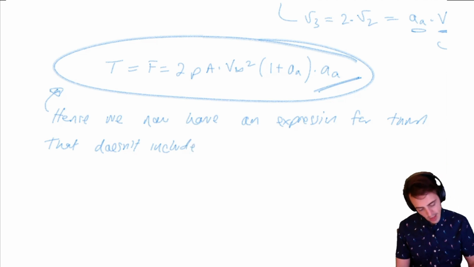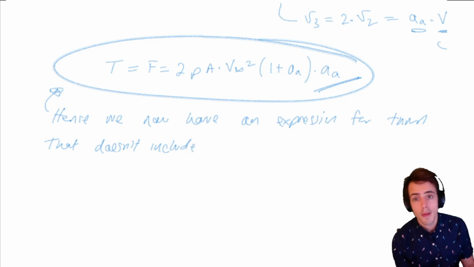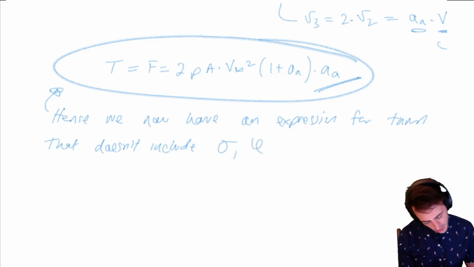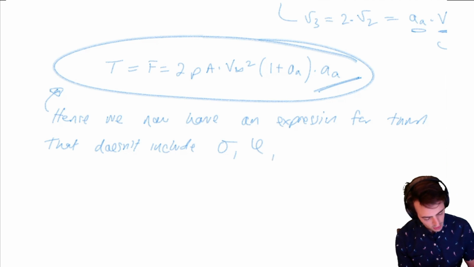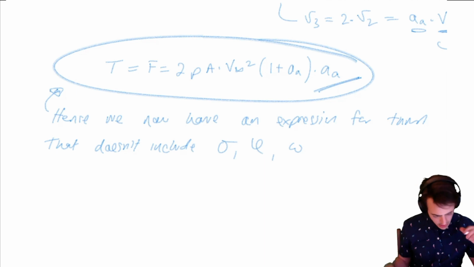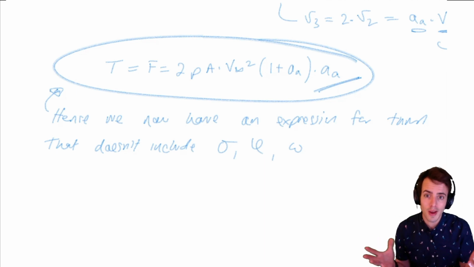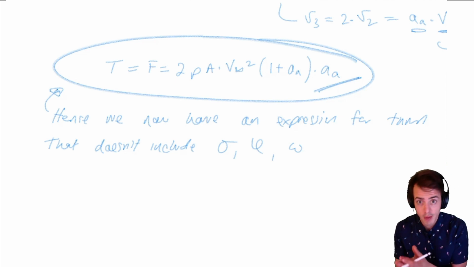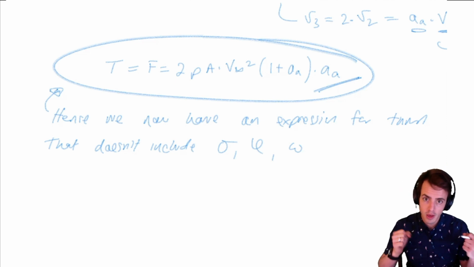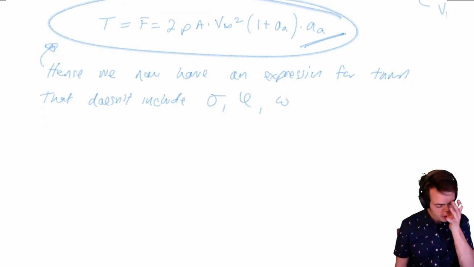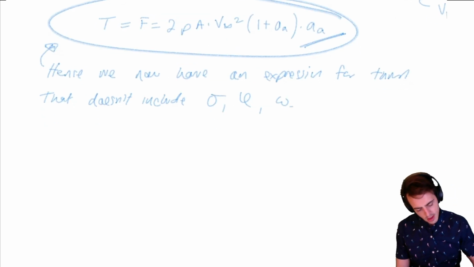So it doesn't include any of the propeller blade terms. It doesn't include solidity, doesn't include the advance angle, doesn't include rotation. So it's got nothing like J, and it doesn't include omega here. This is purely what we call an actuator disc. So this is just this pressure injection that causes this change of momentum within our flow. So we've got an expression for thrust that doesn't include these.